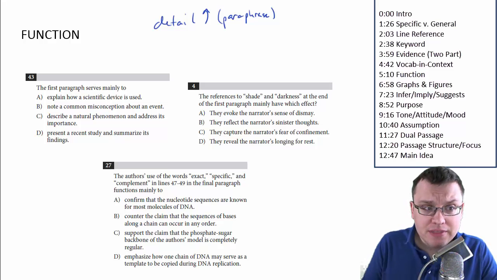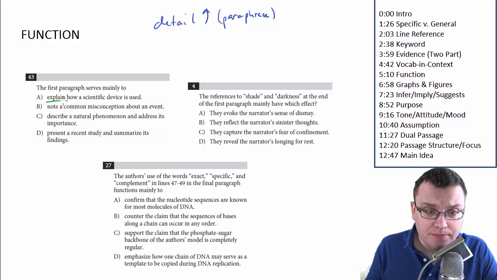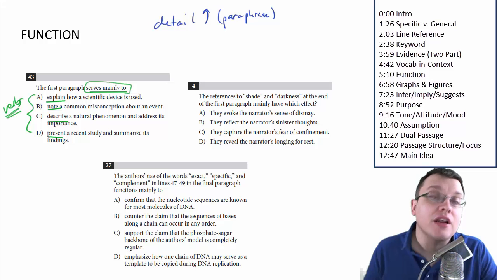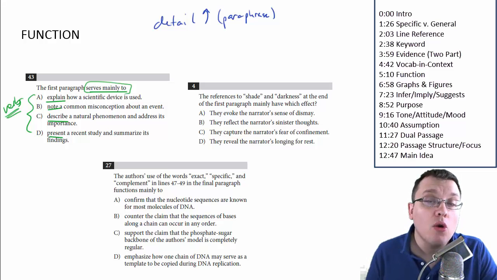And you'll typically see evidence that this is a function question when you look at the choices. So here, look at this first one. The first paragraph serves mainly to. That's usually a hint that it's a function question. But notice the choices: explain, note, describe, present. These are all verbs, right? They're verbs of action. And if we're looking for a choice that describes what a passage or a portion of a passage does, it would make sense that we would find verbs.